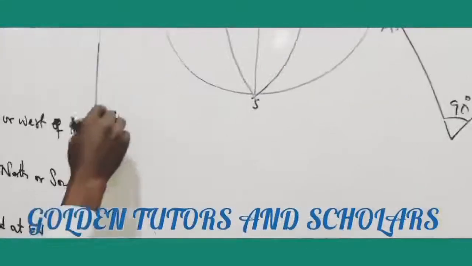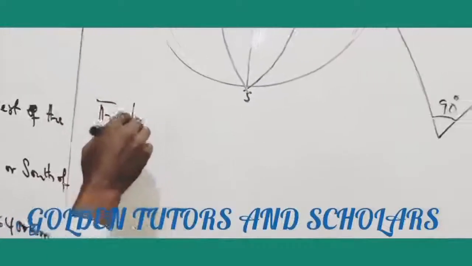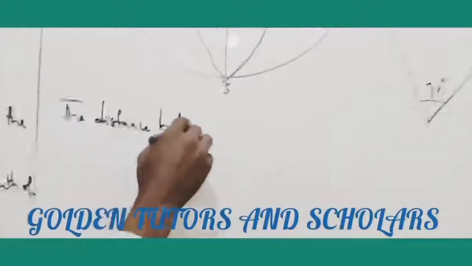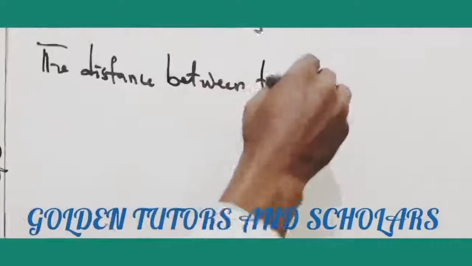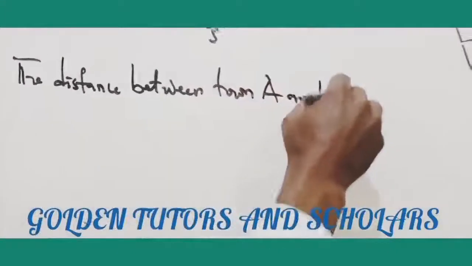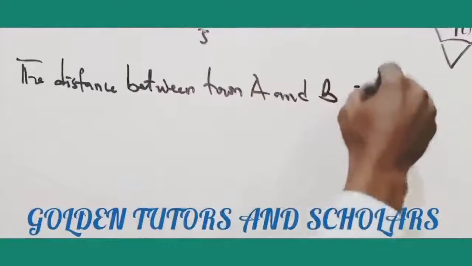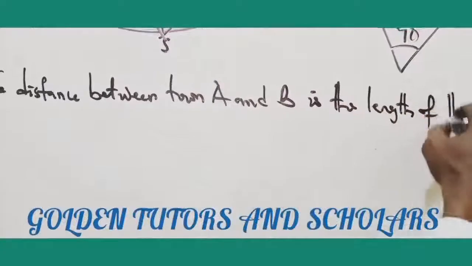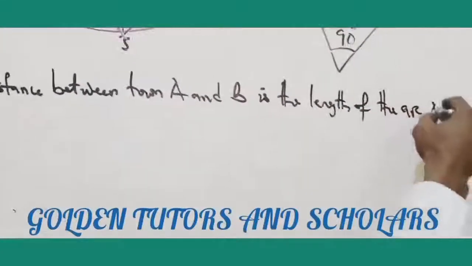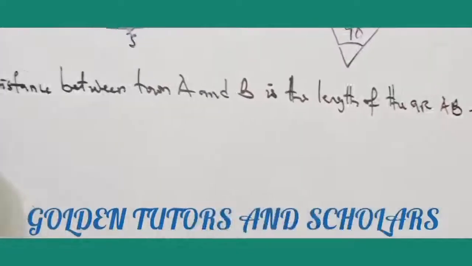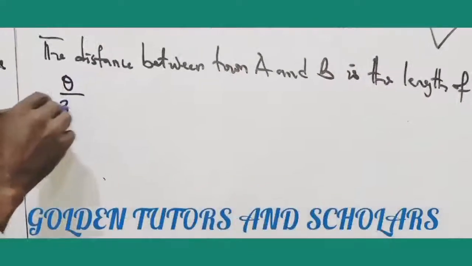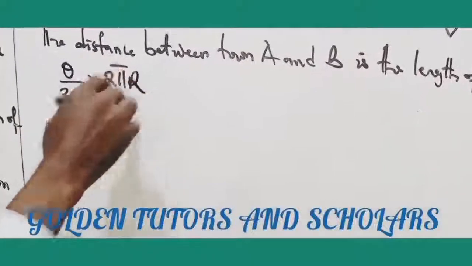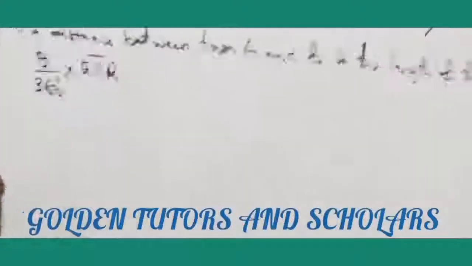So the distance between towns A and B is the length of the arc AB, which is given as theta over 360 degrees times 2 pi r, where r is the radius of the earth.